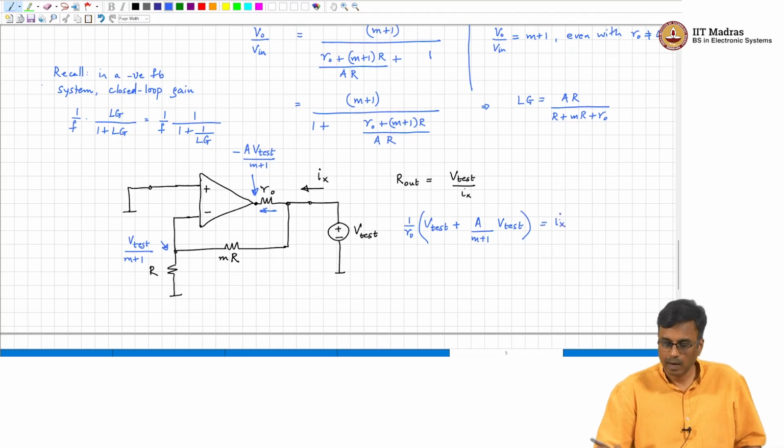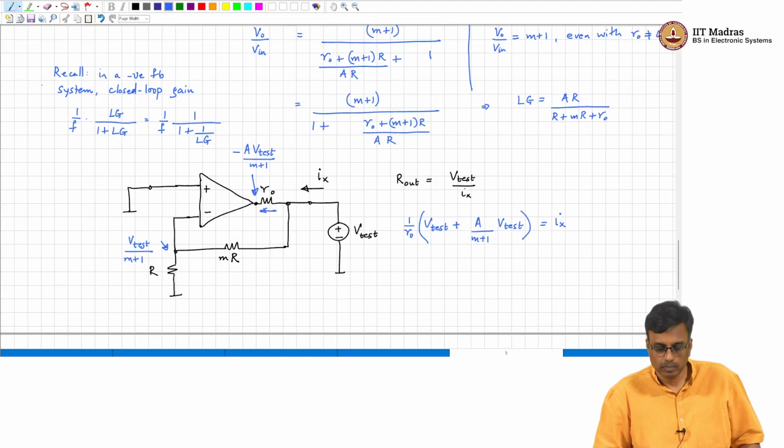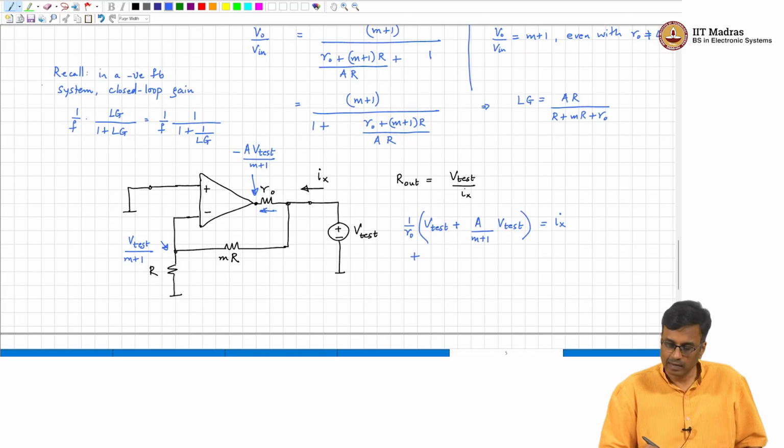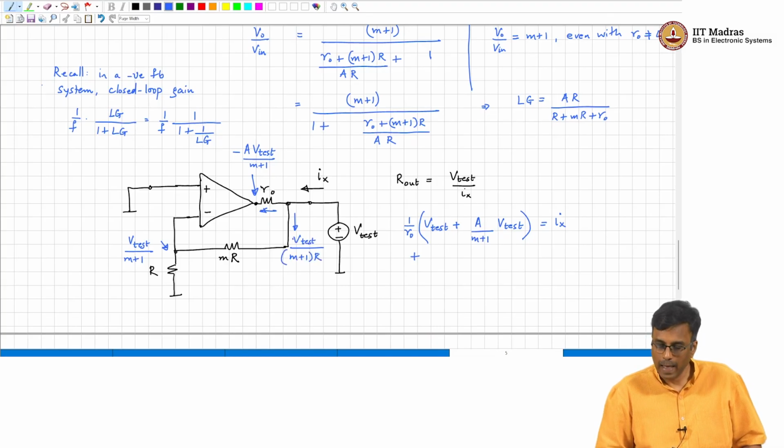That is one part of Ix. So, there are 2 parts to Ix, one is that part, and what is the other current? Yeah, V test by m plus 1 times R.